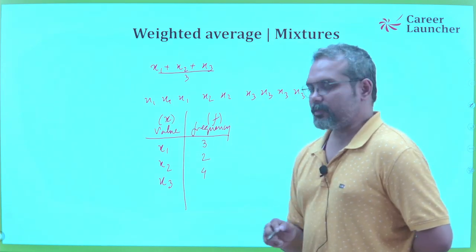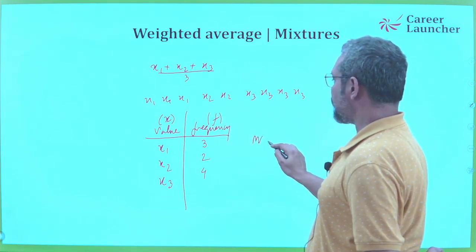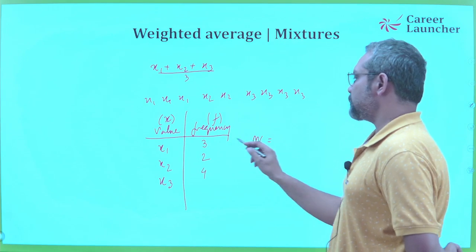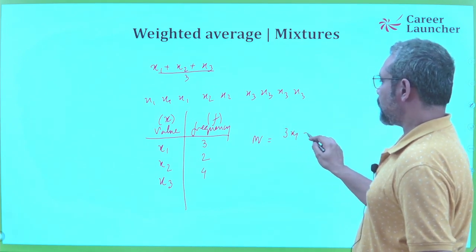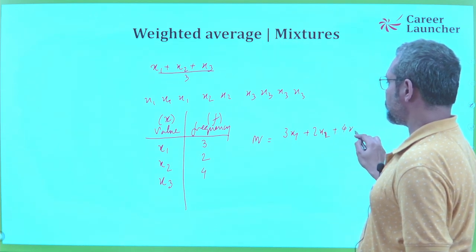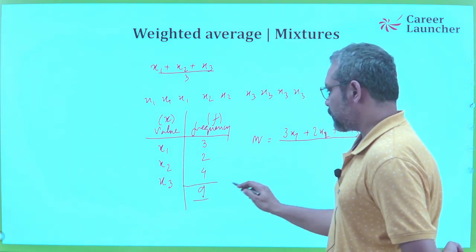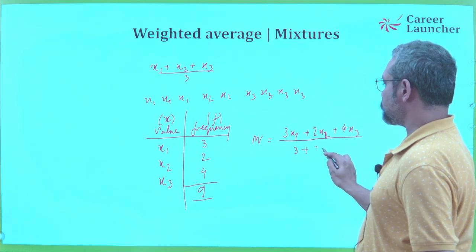So instead of adding x1, x1, x1, I could have said that the mean or the average is simply x1 times 3 plus 2 times x2 plus 4 times x3, whole thing divided by the total number of occurrences, which is 9, or basically 3 plus 2 plus 4.